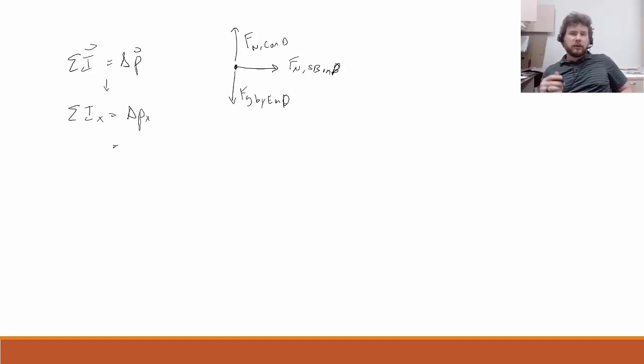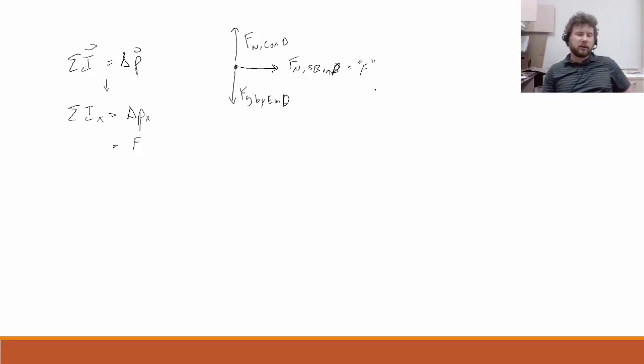Now, since there's no vertical acceleration, you stay at the same height, so your vertical velocity is 0 and stays 0, so your rate of change of momentum in the vertical direction is 0. The net impulse from the normal force upwards and the gravitational force will cancel out. But you will still have the force that pulls you back. I'm just going to call that one F. That's the force that I want to talk about.